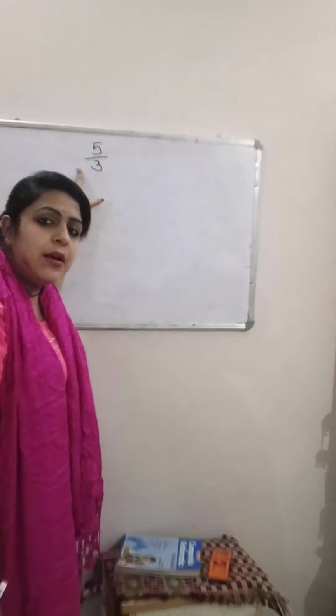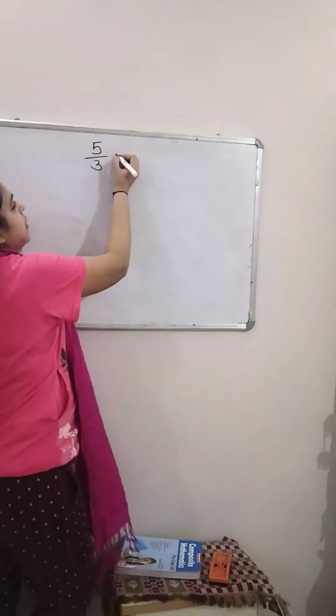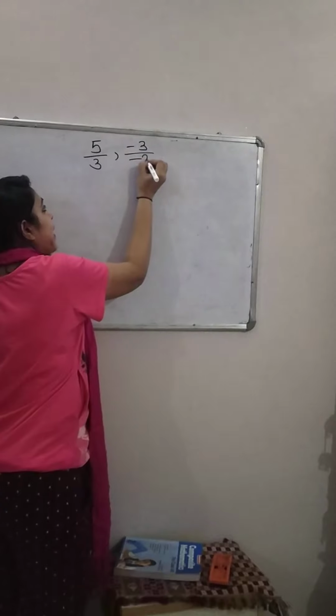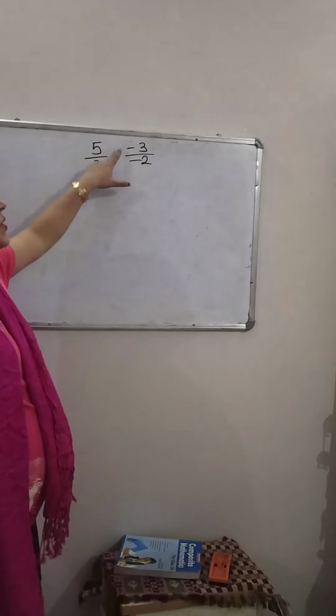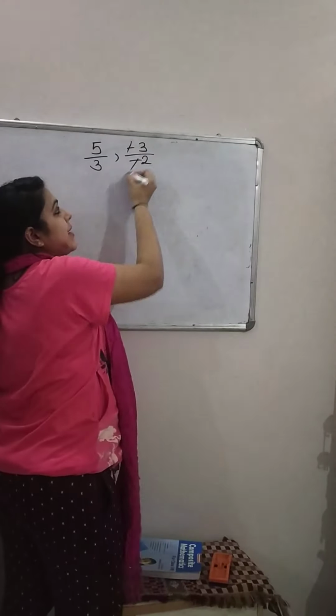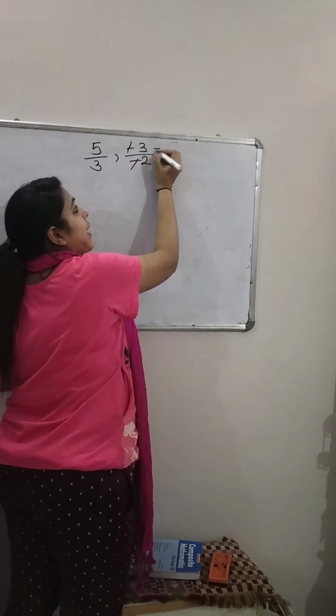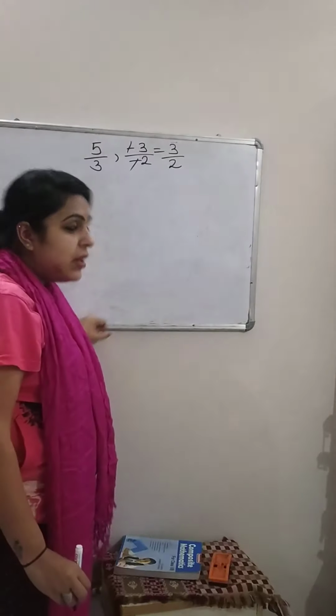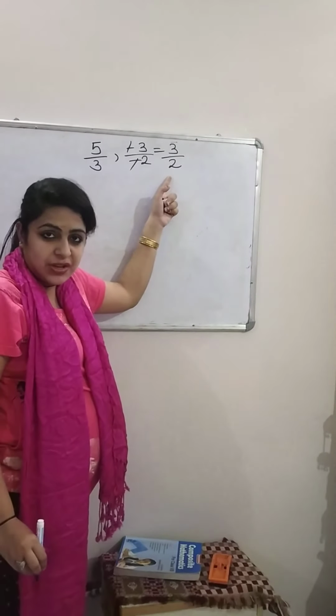So this becomes a positive rational number. Then you have, say, minus 3 upon minus 2. For minus 3 upon minus 2, minus can be cancelled by minus. What does it become? 3 upon 2. This becomes positive. So this is also a positive rational number.